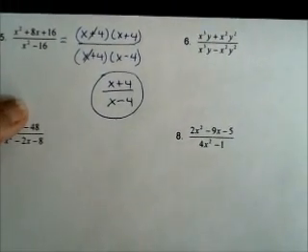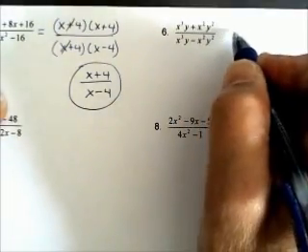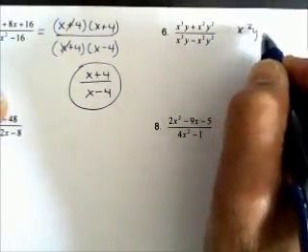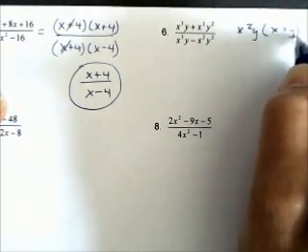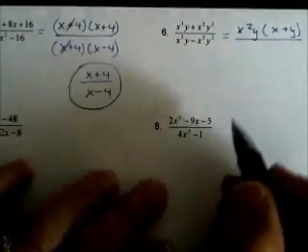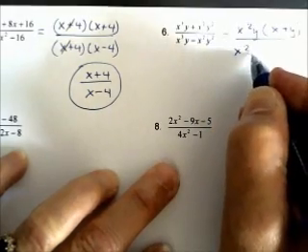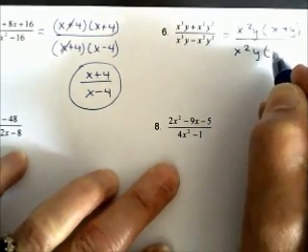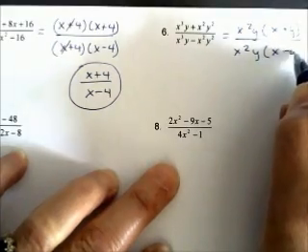Number 6, looking for GCFs here. X squared, y, x plus y, our other factor. X squared, y again, and then x minus y.